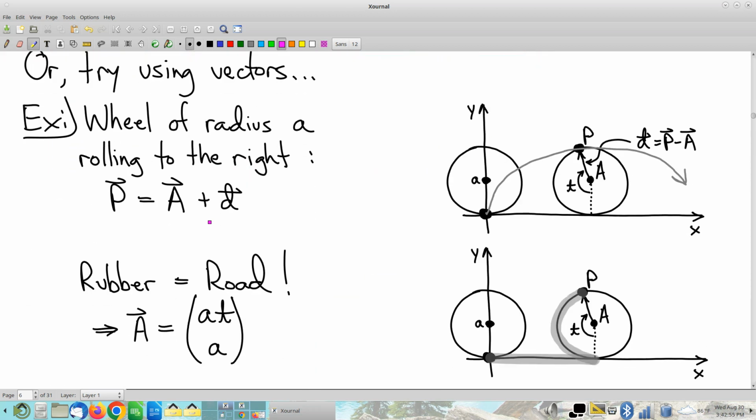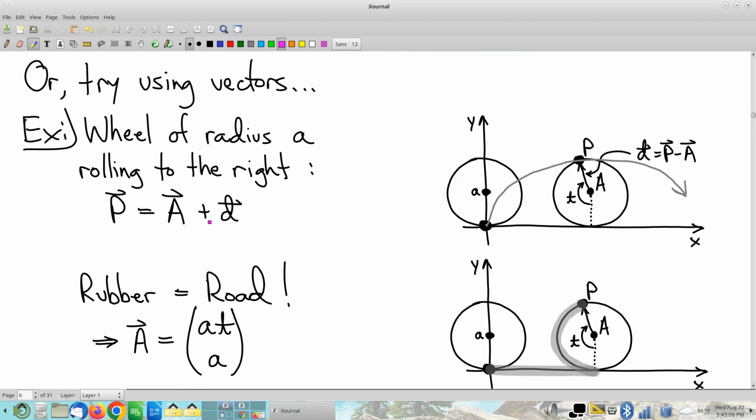All right, this next example, a little weird. It's a good exercise, though. This is an example of a big strategy, a tool for your toolbox, of using vectors, in particular vector algebra. In particular, try to figure out how the thing that you're interested in is a sum of simpler things.